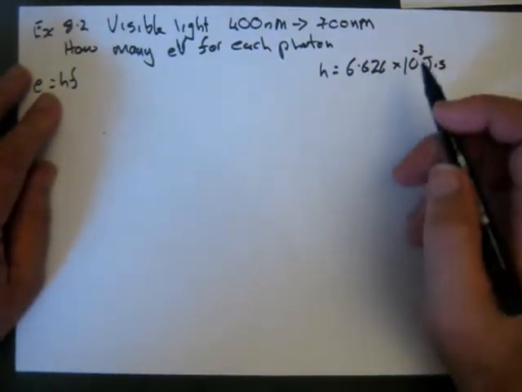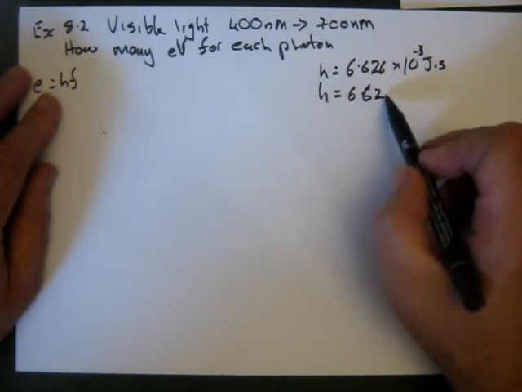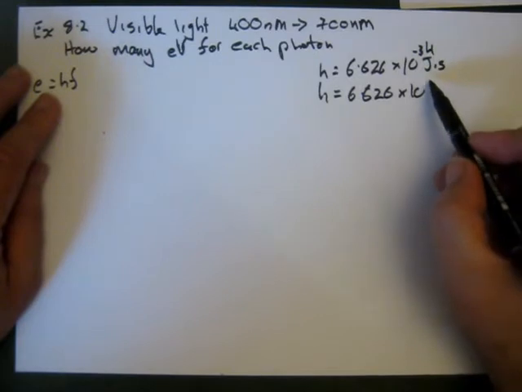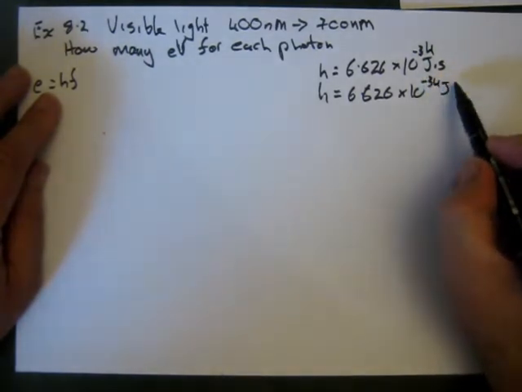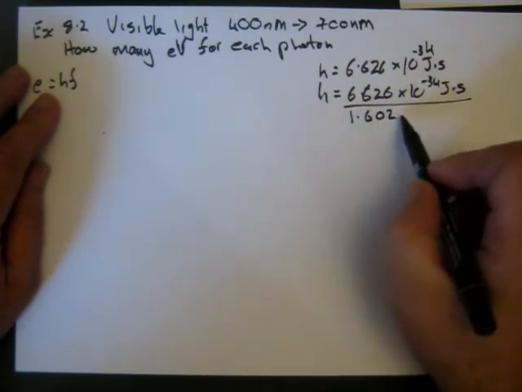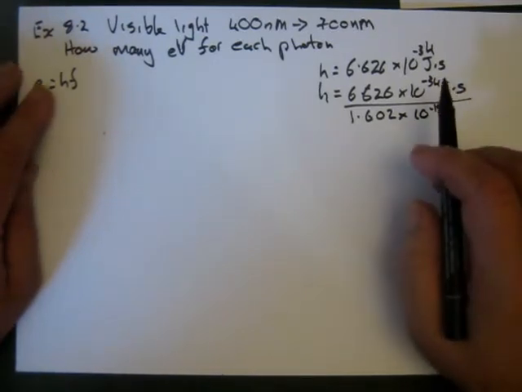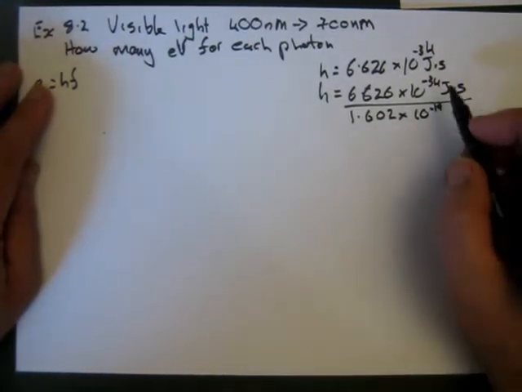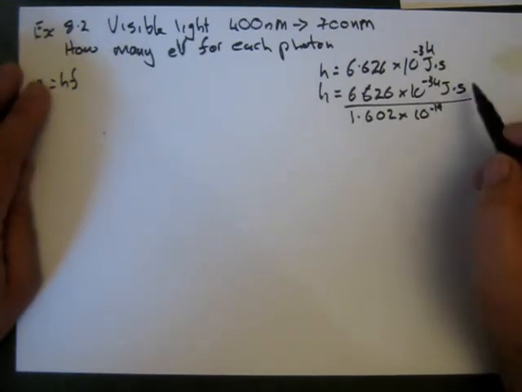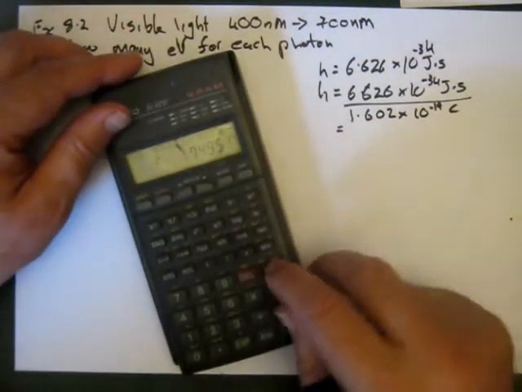To do that, we can say h is equal to 6.626 times 10 to the negative 34 joule seconds, and we divide that by the elementary charge, 1.602 times 10 to the negative 19 coulombs. So this is time to stick it in the calculator.